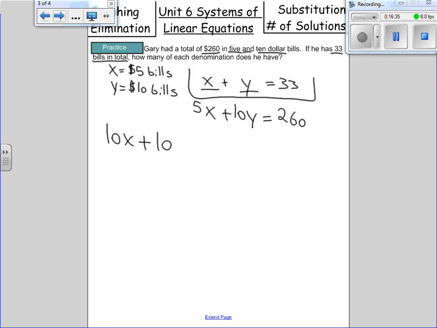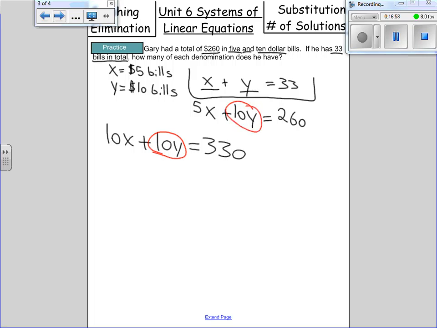I multiplied everything in that first equation by 10 so that I would get 10y. That was our goal. Why was that our goal again? Because you need the same number as you did in this equation. Beautiful. Elimination.